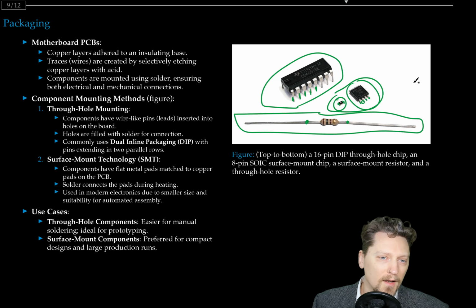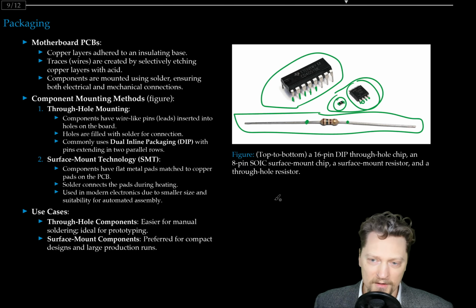So two different types. Surface mount technology is more modern and is used for large production runs where we have automated soldering happening. Through-hole components are easier for manual soldering and ideal for prototyping.